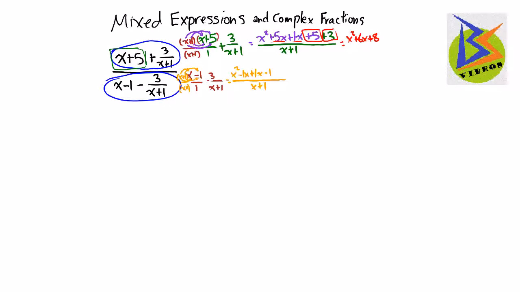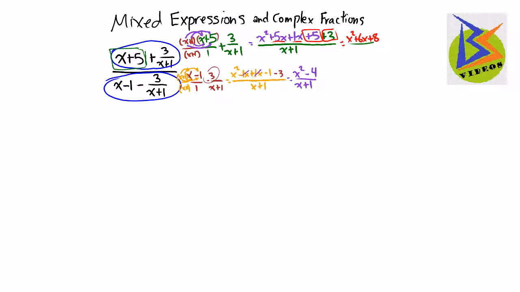And then we have, let's not forget this minus 3 that's here, which is right here. Okay, now we need to combine like terms, and we see that a minus 1x plus 1x is just 0x. And then we have x squared minus 4 over x plus 1.